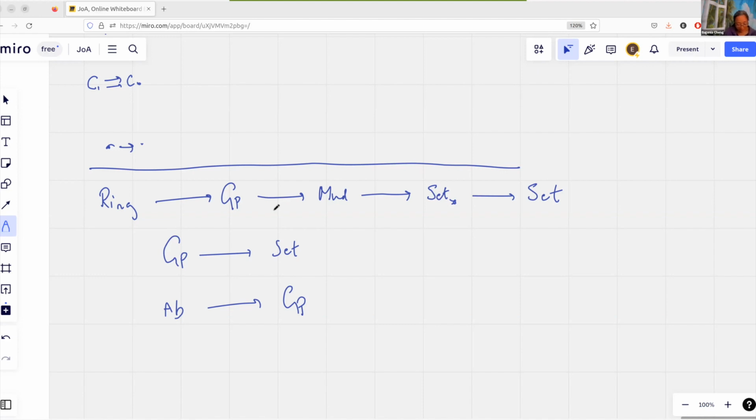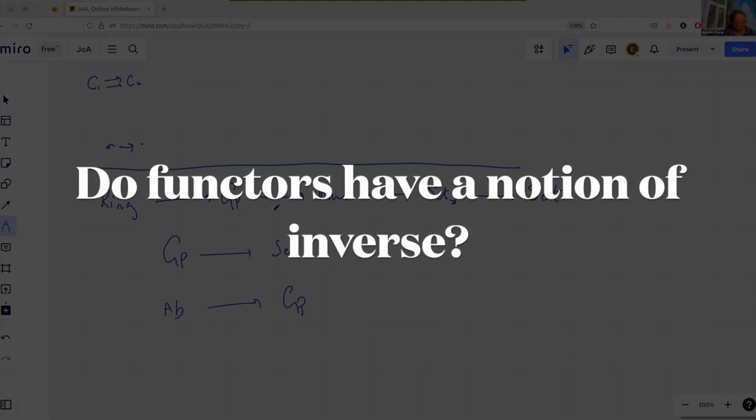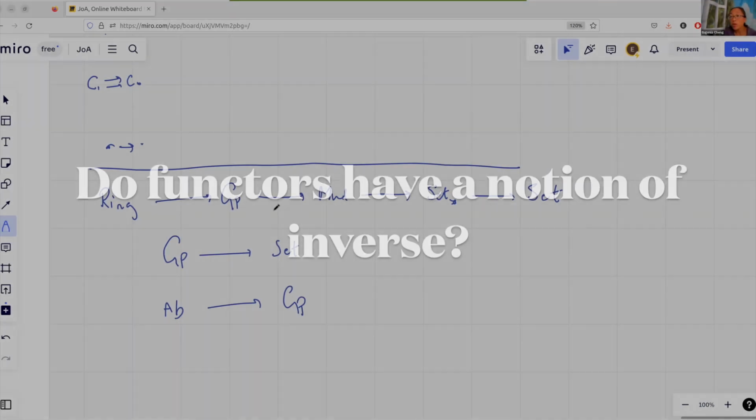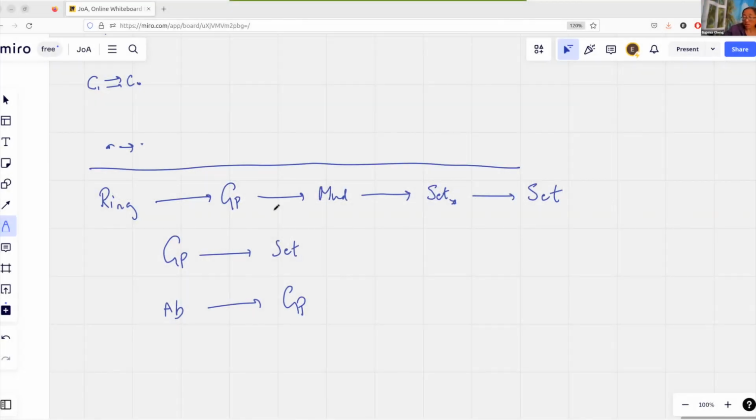Anyway, that's that. The discussion about preserving and reflecting structure made me wonder, do functors have a notion of inverse? Well, what would the notion of inverse be? You can always have a notion of inverse.